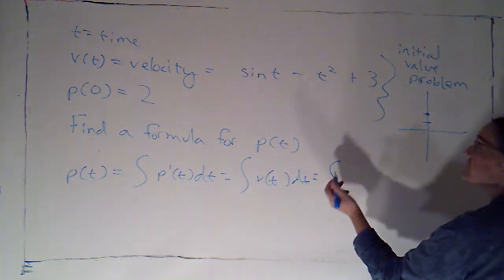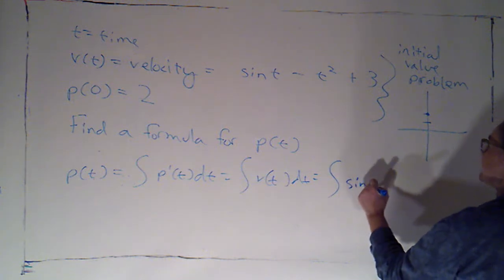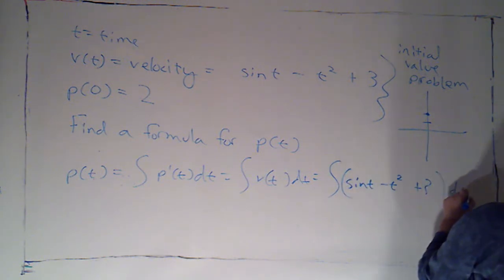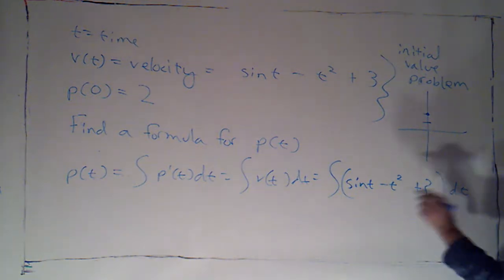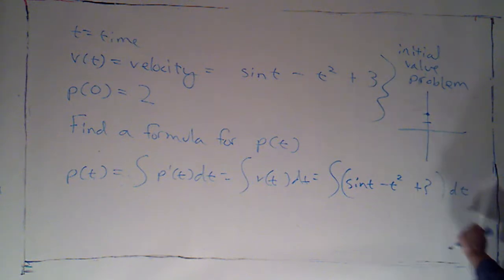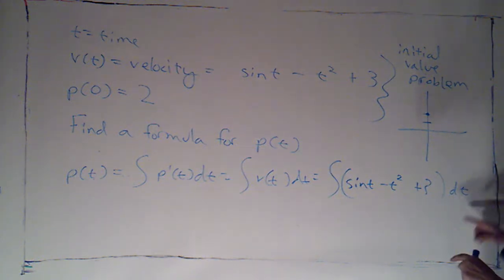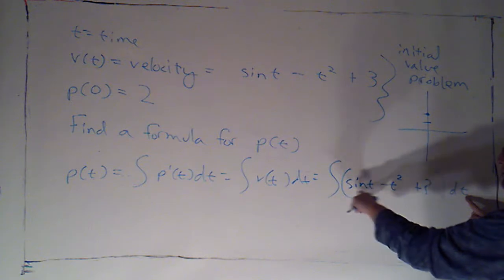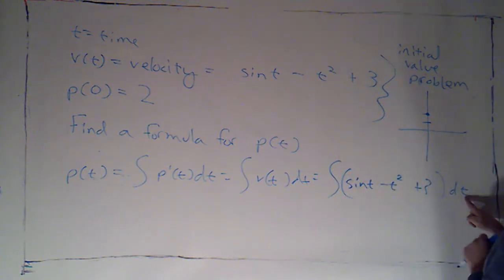So we're looking at the general antiderivative of sine t minus t squared plus 3 dt. Notice I'm using t as my variable rather than x, so I'm integrating with respect to t. The variable here will always match whatever variable you have in the integrand.